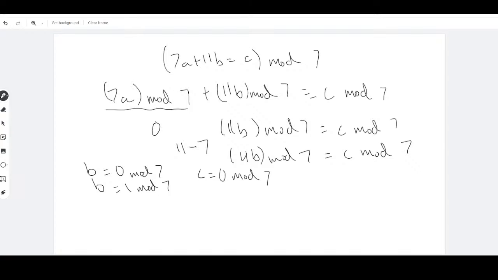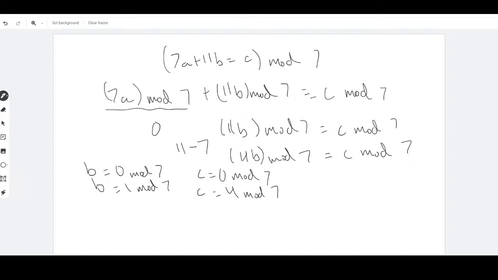Then 4 times B would just be 4, right? And then our equation would be 4 mod 7 is equal to C mod 7. So this is saying that C is equal to 4 mod 7, right? So if B was 1 mod 7, C would have to be 4 mod 7. Does that part also make sense?